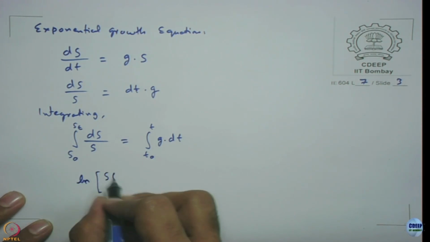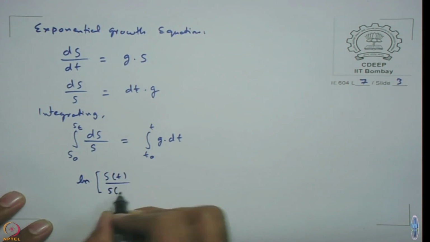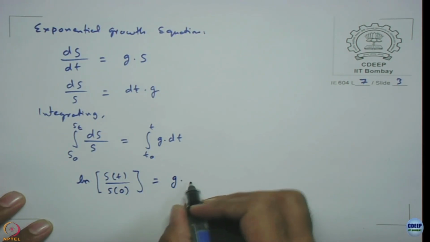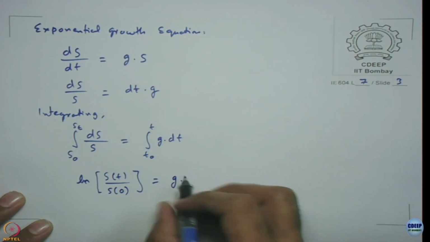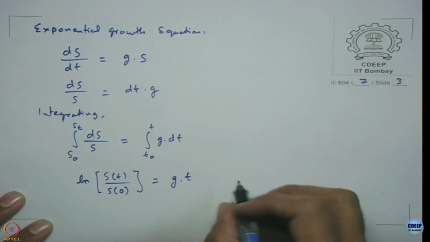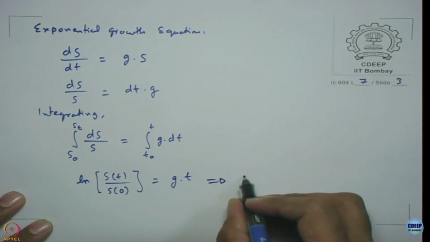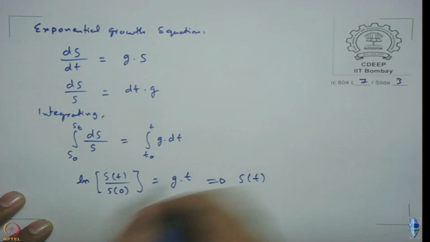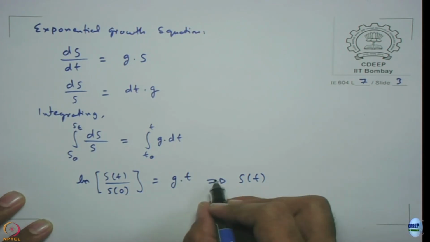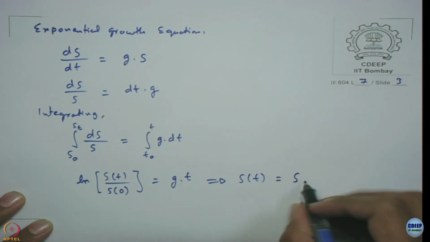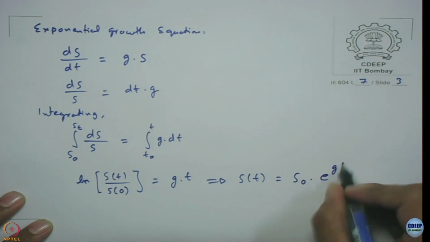So, the logarithm of s at time t over s at time 0 equals g into t. Which means that I can raise it to the power e and solve it, and then I get s at time t is s naught into e power gt.